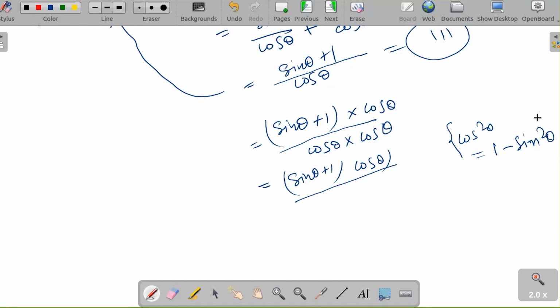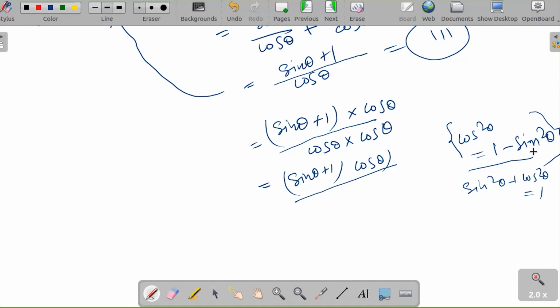Do you have any doubt from where I get this, cos square theta is equal to 1 minus sin square theta? It was the first formula, right? Sin square plus cos square is equal to 1. So from there we can take cos square is equal to 1 minus sin square.